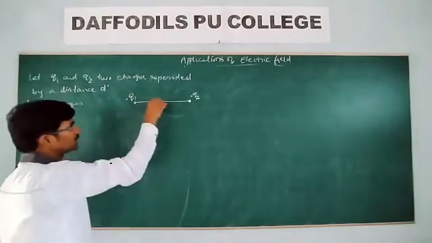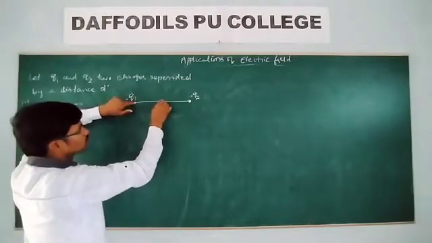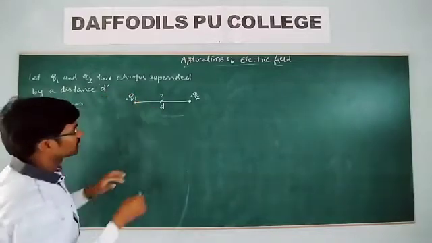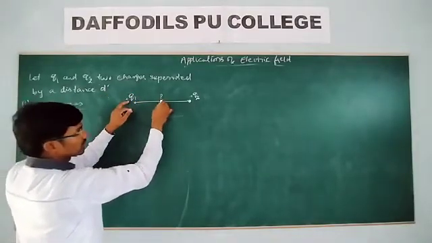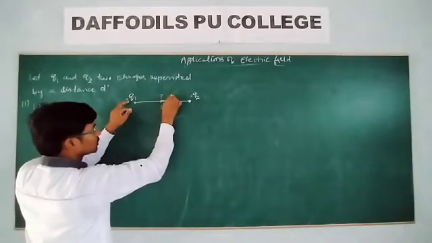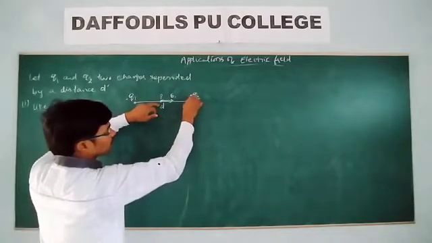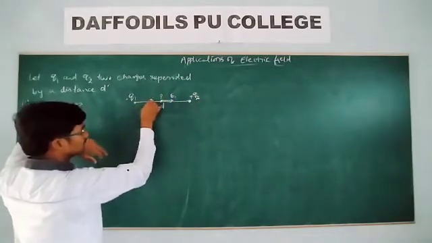Tell me, in between these two charges, at a point P, what is the electric field due to this charge? E1. Due to this charge Q1, what is the electric field? E1. And due to this positive charge at this point, outward, away, E2.